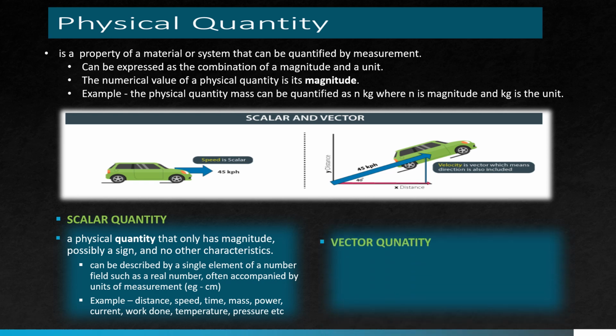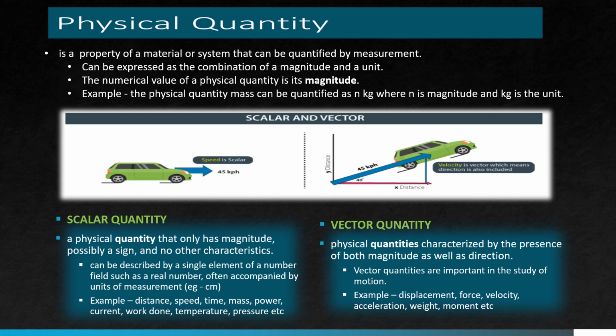On the other hand, a vector quantity has both magnitude as well as a direction. For example, displacement, force, velocity, acceleration, etc. Now, since direction is involved in vector quantity, they become very important in the study of motion.